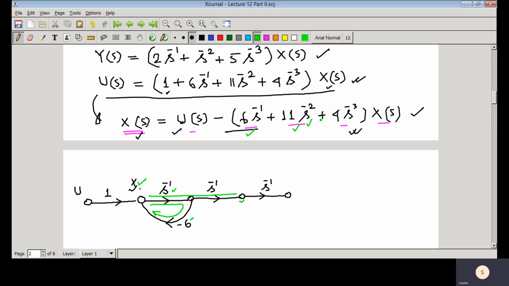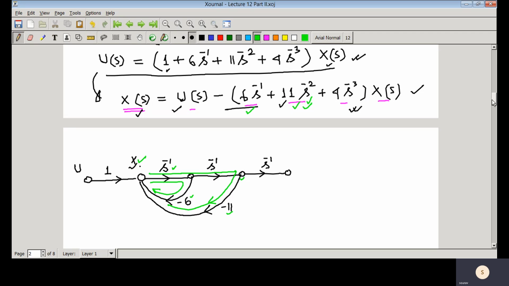So 1 by s square term here, and then if you just close this loop with the gain minus 11, then you can see here that we have this loop, that is minus 11 into 1 by s square into xs. This is done.